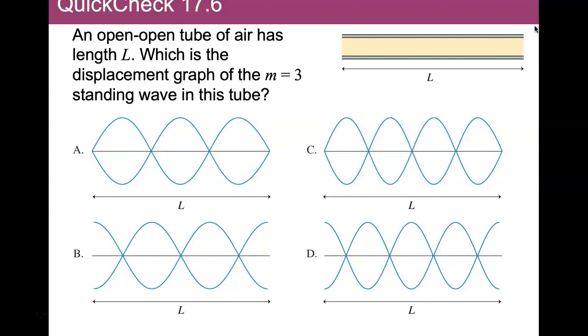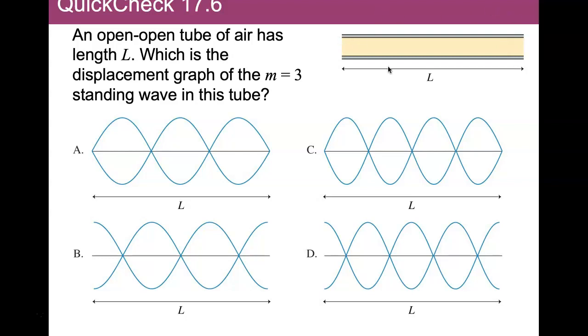And that integer doesn't have to be odd, right? So when we have different boundary conditions, when it's either open-closed or closed-open, we fit an integer multiple of lambda over 4 inside it, and that integer has to be odd.